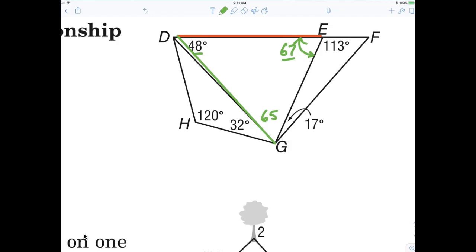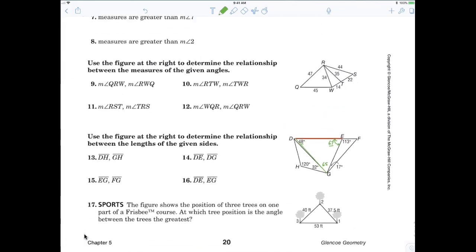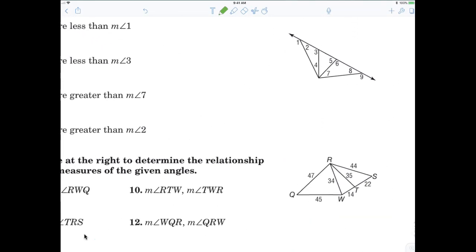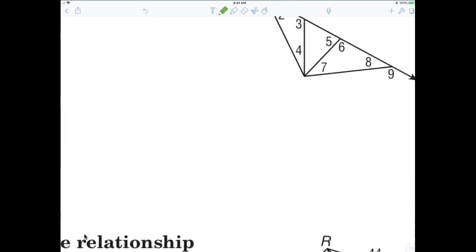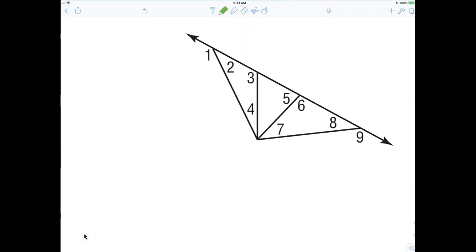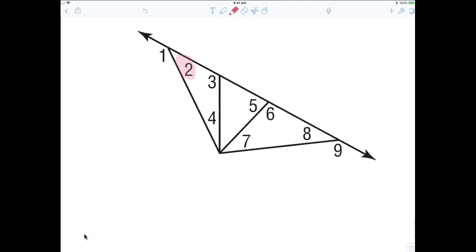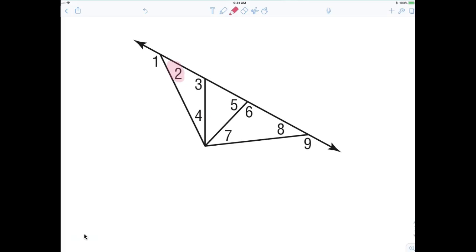On the same page, the measures that are greater than angle 2. Sometimes I just think it's easier to highlight angle 2. Now, this angle is not even marked, but do you agree that angle right there would be greater?